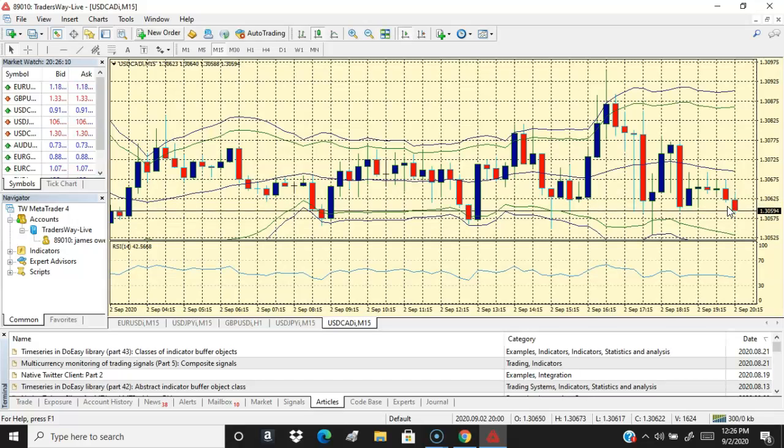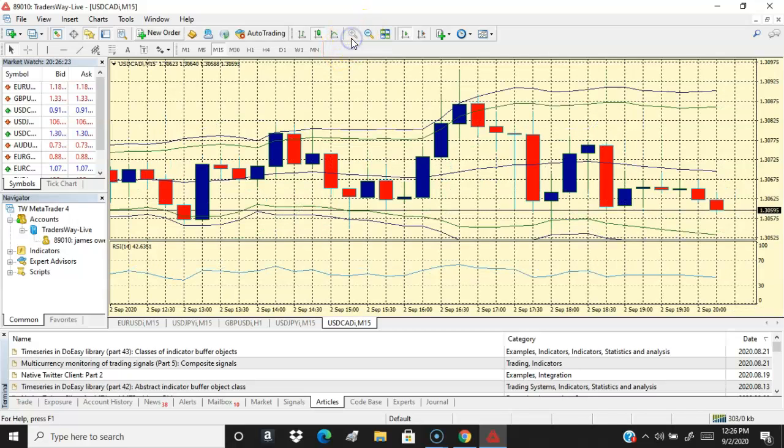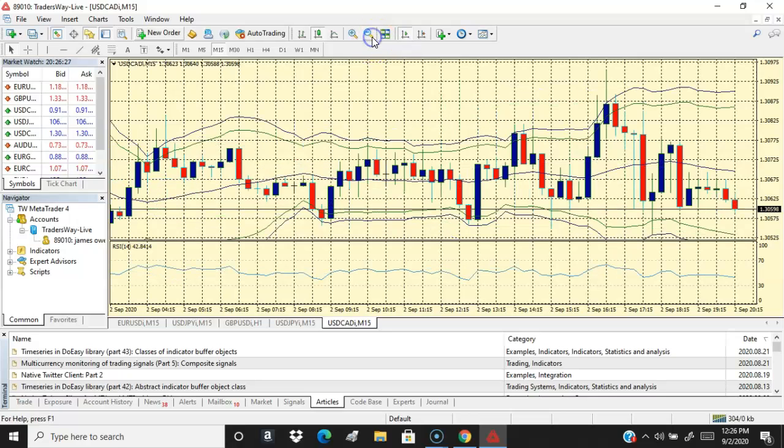Because what happened is, say you got a candle like this. If you can actually see this, guys, let me zoom in a little bit. There we go. Let me zoom out. Make sure I'm looking at the right candle.